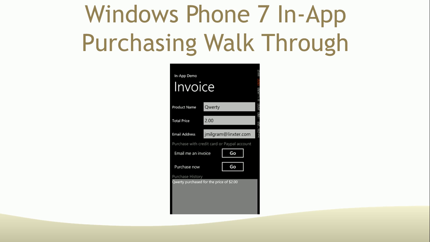You can click Email Me an Invoice, and that will send you an invoice to the email address you entered above. Once the purchase is made through either means, the app will get a message if the purchase was successful. Alright, so let's go ahead and get started.